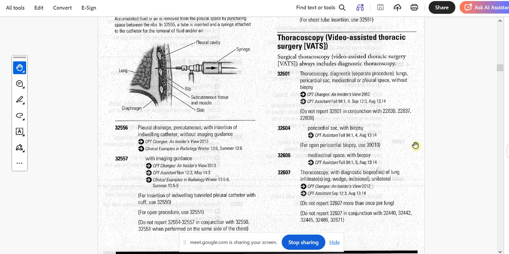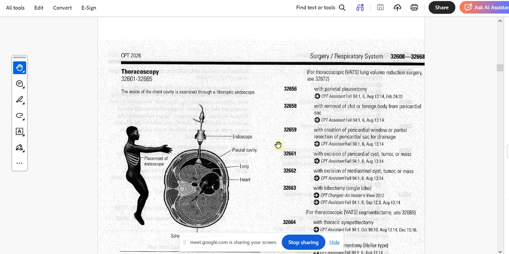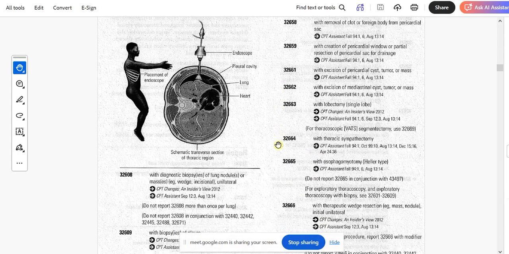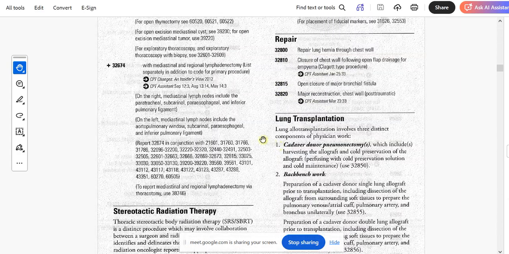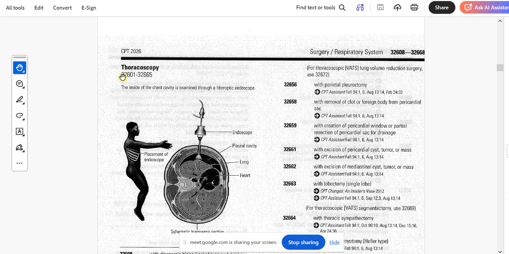But I thought biopsy means that it's surgical, no? Yes, it is surgical. Only this one is diagnostic. They are not doing any major procedures, but all the remaining ones are surgical. From 32604 to almost 32674, these are all surgical thoracoscopic procedures.